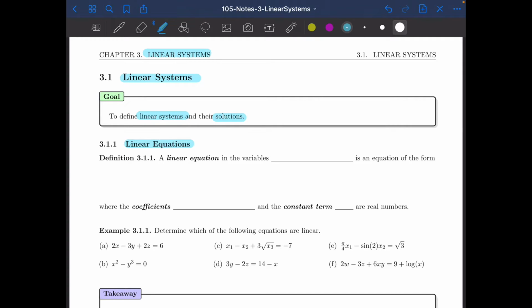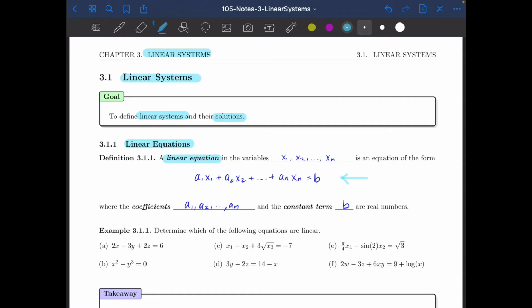Definition 3.1.1 gives us the definition of a linear equation. A linear equation in the variables x1, x2, all the way up to xn is an equation of the form a1x1 plus a2x2 plus all the way up to anxn equals b, where the coefficients a1, a2, all the way up to an, and the constant term b are real numbers.